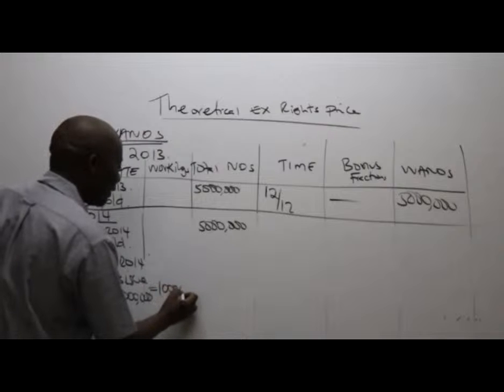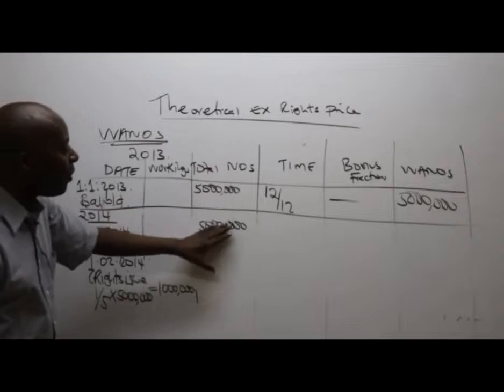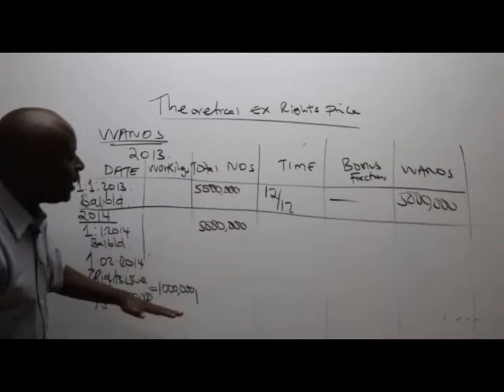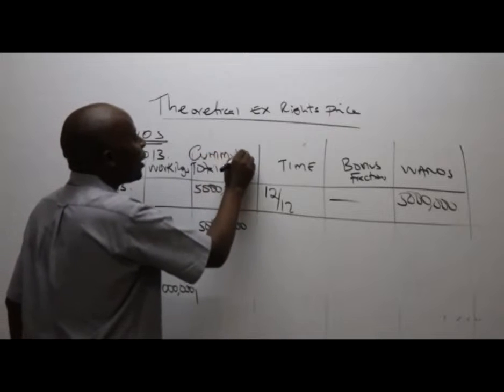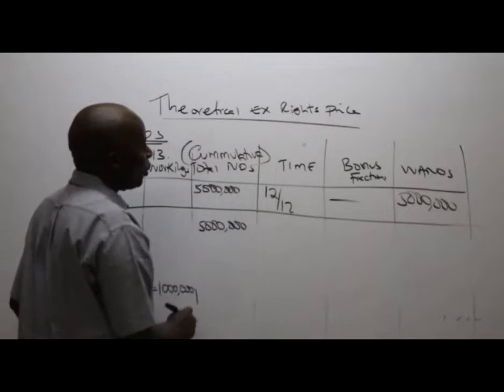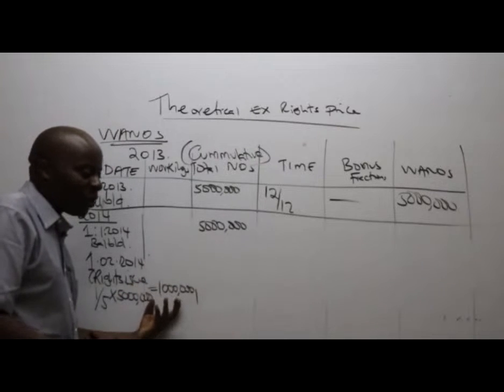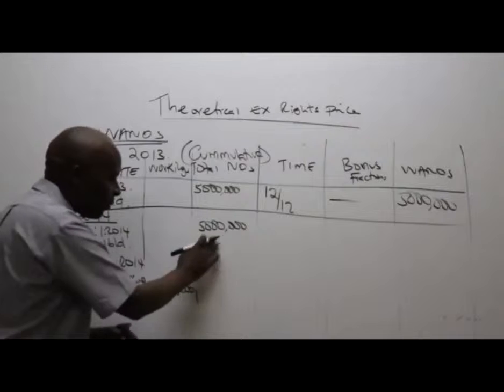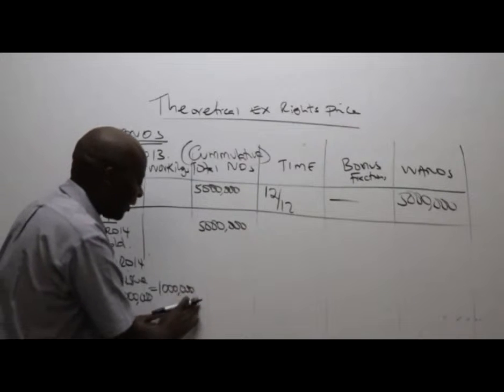But I appreciate what that student is trying to tell me. The student is trying to tell me that this column here normally takes the total, the cumulative. So 5 million plus a million gives me how many shares in total? 6 million. Thank you very much.